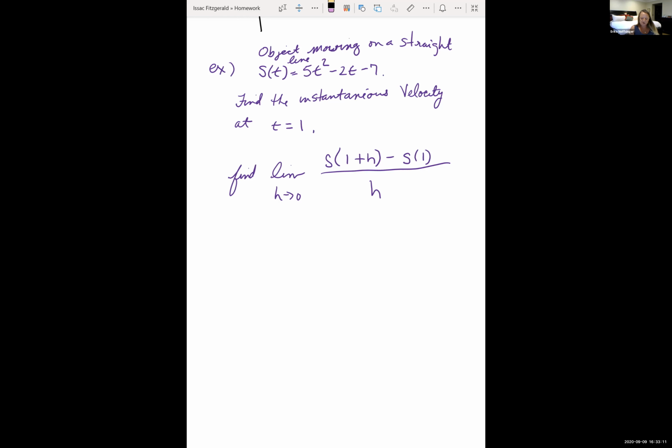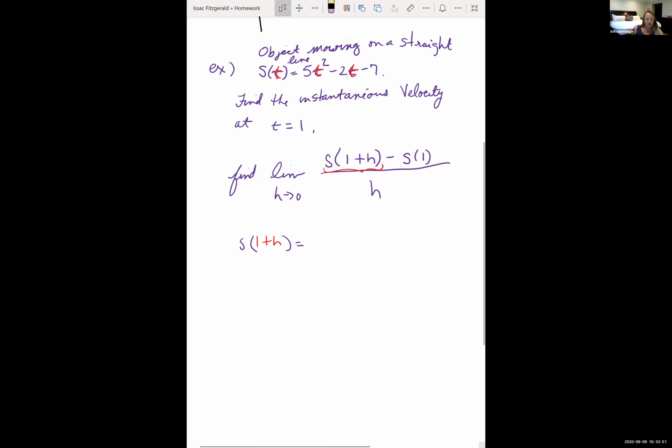If it helps you, we can do this in pieces. If you want to look first at what is s of 1 plus h. What this is telling me to do is go to our function s of t, and wherever we see a t, we're going to replace it with this 1 plus h.